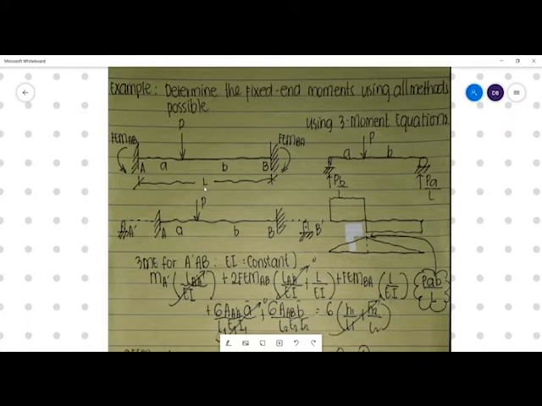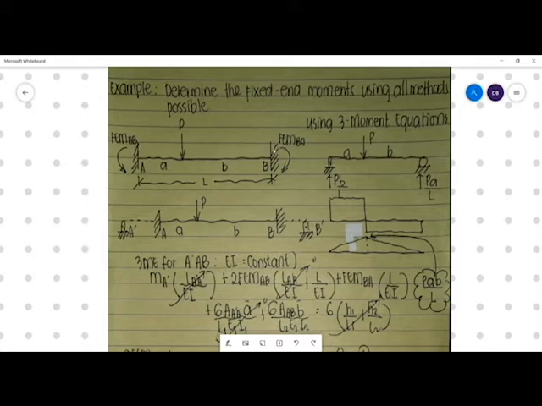Are the typical fixed end moment formulas, depending on which type of loadings that we have. So on this problem, we're now going to solve it using three moment equations.